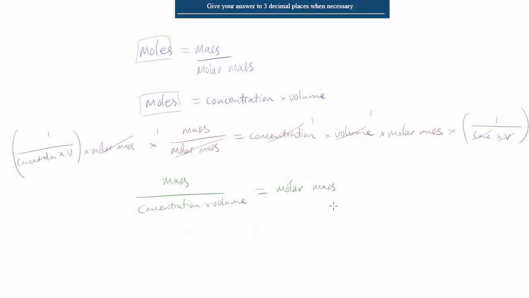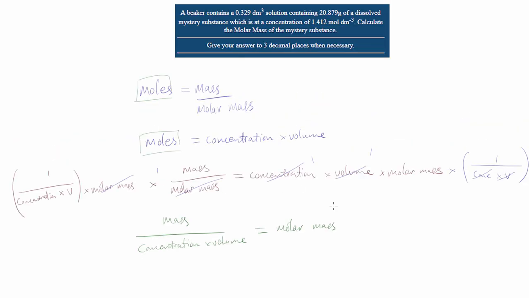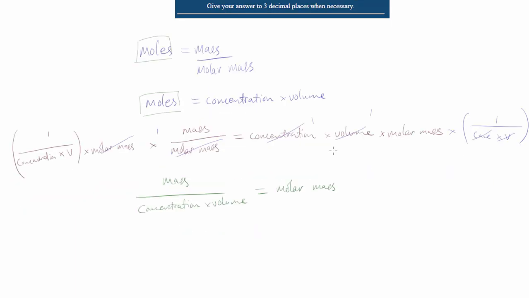And at this point, if we refer back to the question, all of those values are provided. The mass is provided, the concentration is provided, as is the volume. So all we need to do at this stage is to plug the values into this.